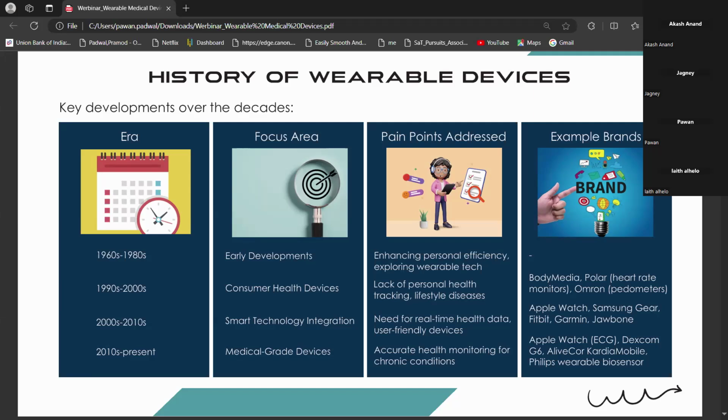So the first occurrence of a wearable device was in 1961, when two people, Edward Thorp and Claude Shannon, in the United States, were experimenting with wearable devices, and they designed a wearable computer to just predict roulette wheels.